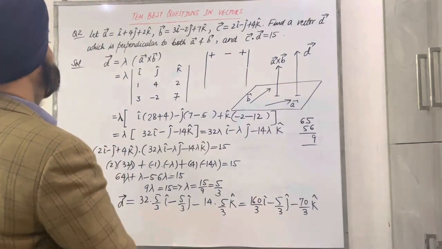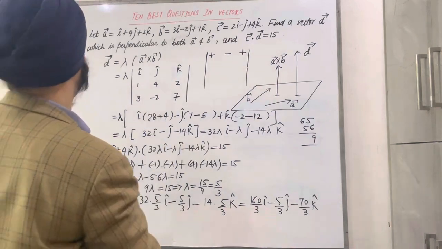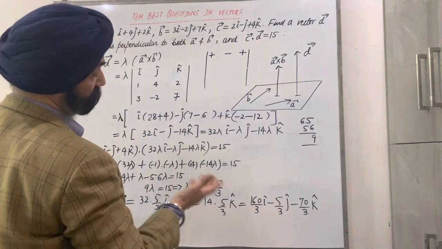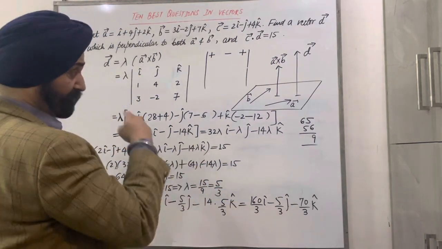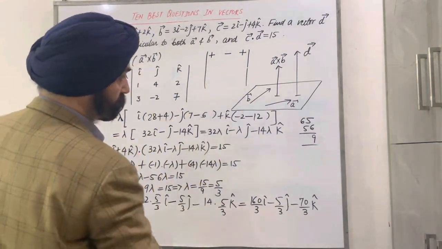So a very, very important concept we have learned here is that when we have to find a vector which is perpendicular to two given vectors, obviously the direction of that vector is going to be parallel to the cross product of those two vectors.